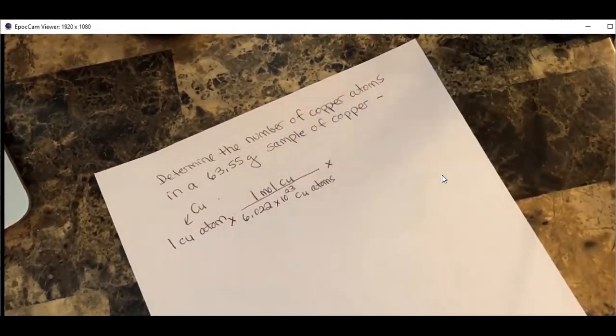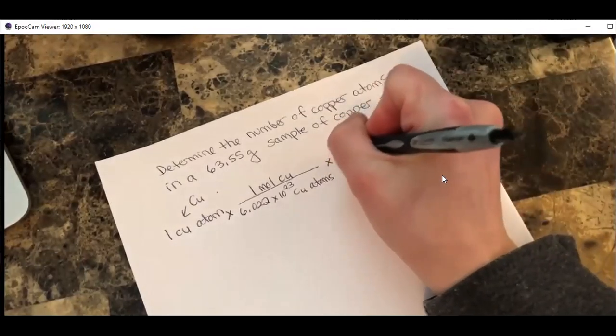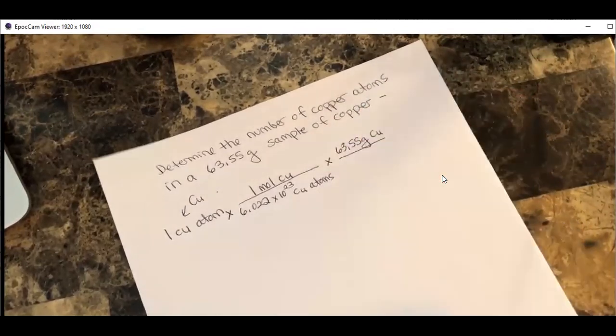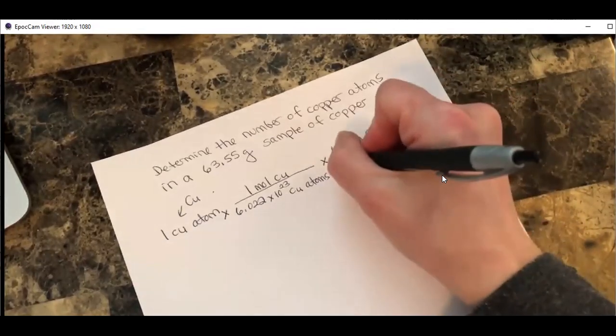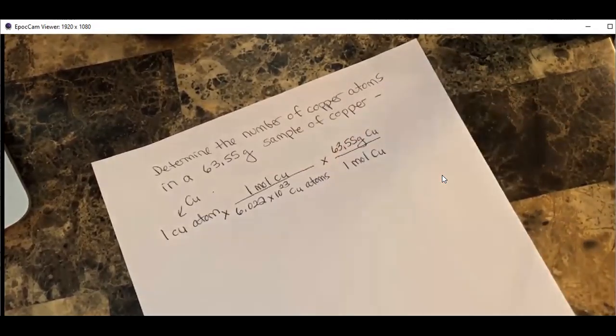Now, we want to end up with grams. So this is where we're going to look at the number on the periodic table, where we're looking at grams. The number that's listed on the periodic table for copper is 63.55 grams. That is the amount of grams that are in 1 mole of copper, okay?